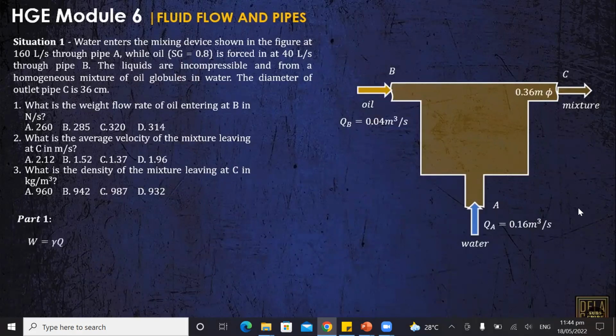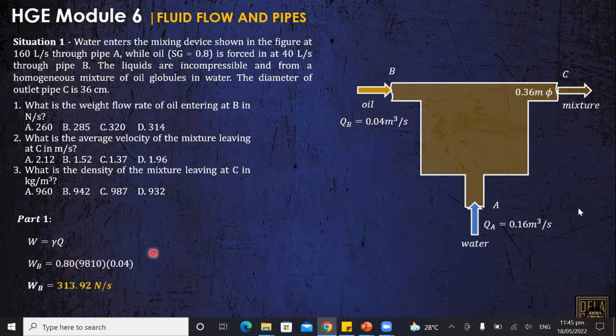Alright, part 1. The weight flow rate is given by this formula: unit weight times the discharge. Well, at point B, that is oil, therefore the unit weight must be Sg times unit weight of water, 9810 newtons per cubic meter, times the discharge, 0.04 cubic meters per second, and we have here 313.92 newtons per second.